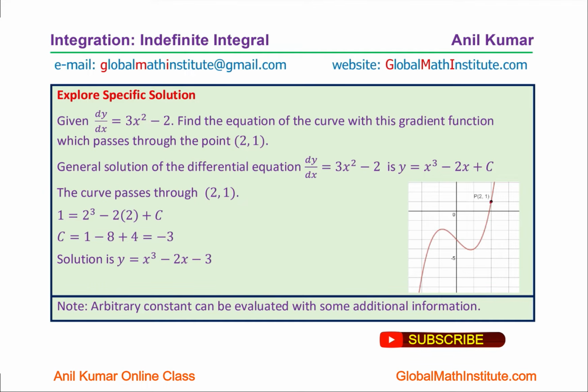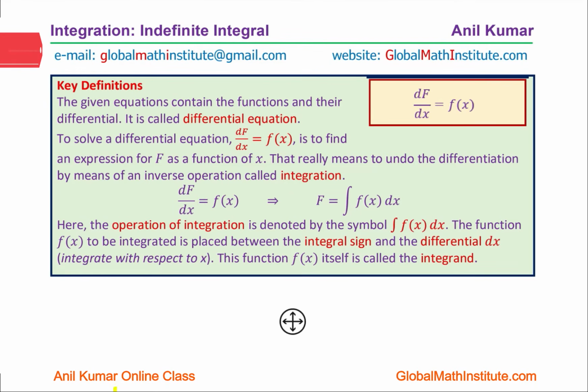And you can see here the graph, that is the point 2, 1 on the function, right? So we have the value of y, and that is how it could be represented, correct? So important to note is that the arbitrary constant can be evaluated with some additional information as given in this particular question. Perfect. Now let's get back to our learnings, right?